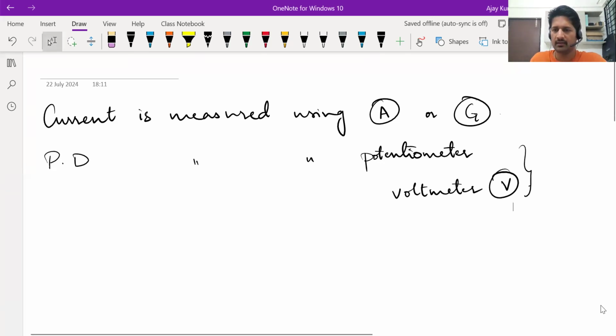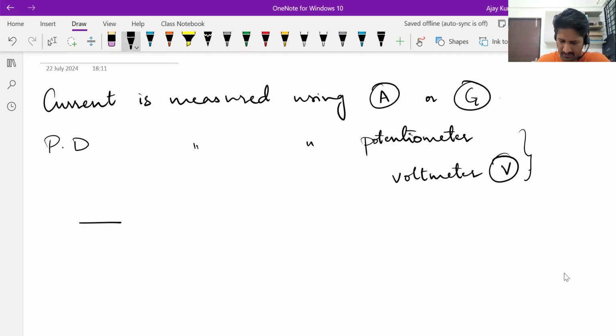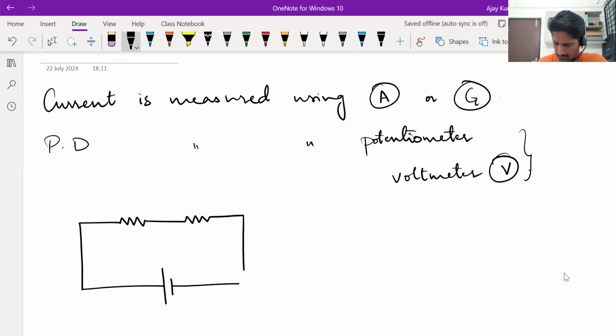Okay. Now, suppose you want to measure the current in a circuit. Let's take a basic circuit like this. Some battery having an EMF V, and let's say there are two resistors R1 and R2.